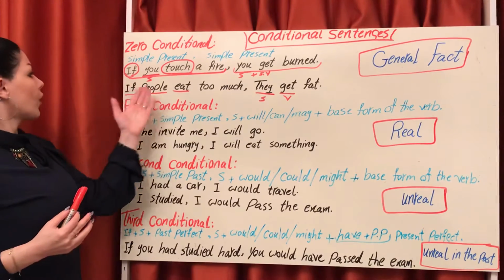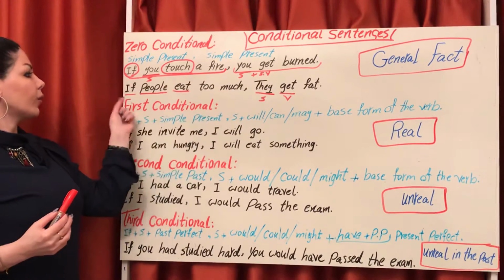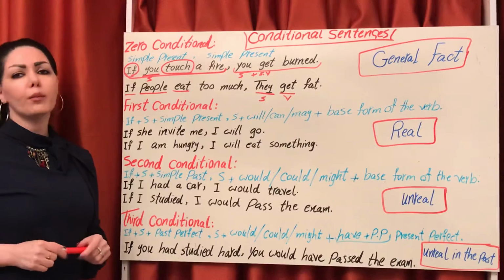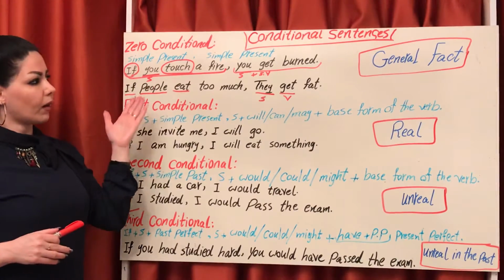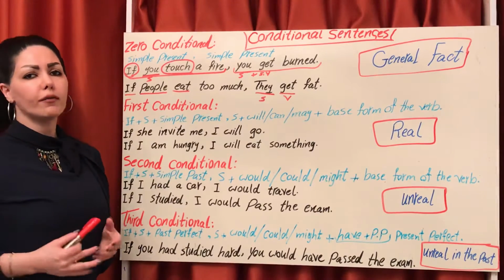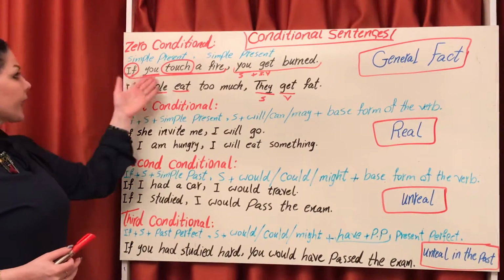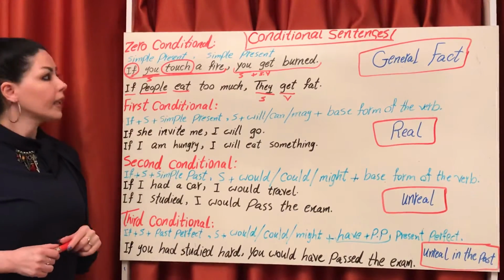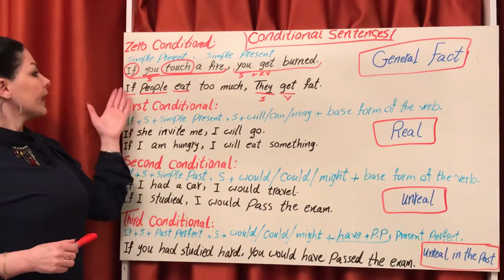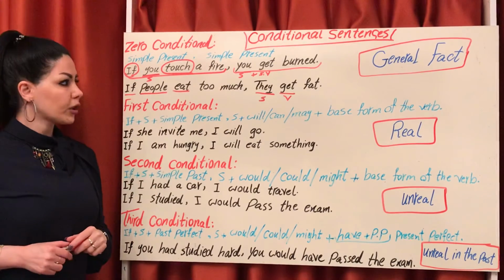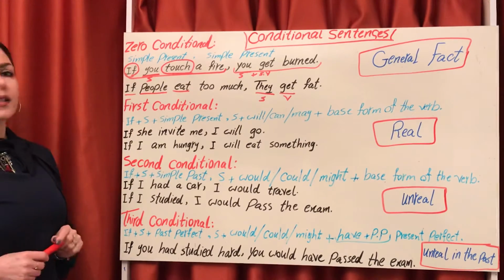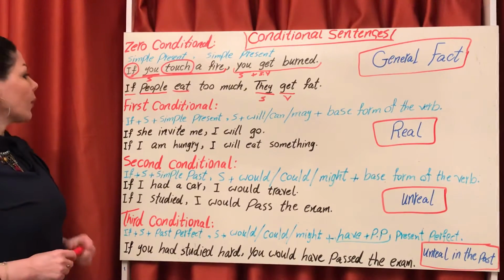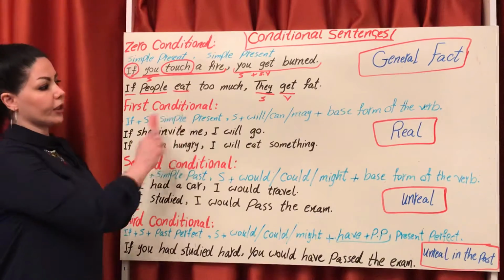So, for both clauses, we use simple present tense, and both of them are general facts. If you touch a fire, you get burned. If people eat too much, they get fat. This is for zero conditional.